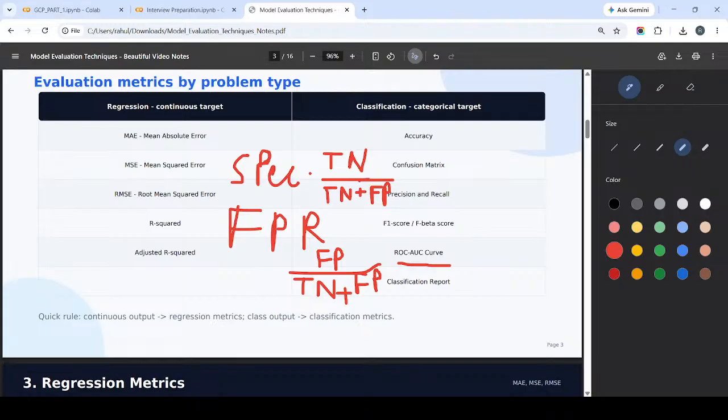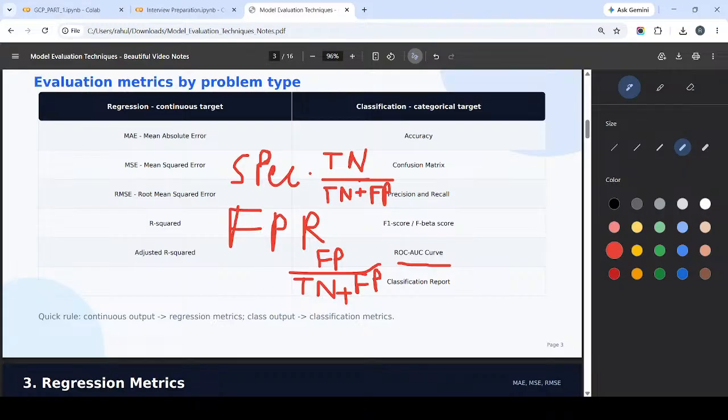Now, what is the definition of the ROC AUC curve? The ROC AUC curve is a performance measurement for classification problems at various threshold settings. Okay, I will explain what it means.